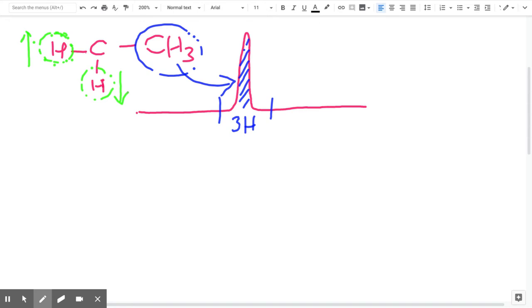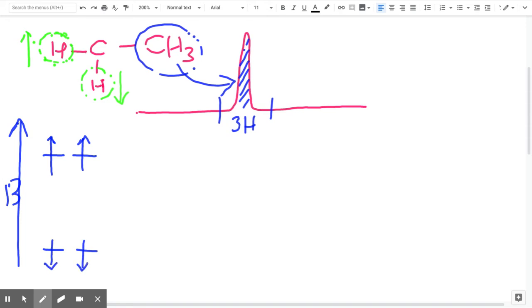So if we take those two protons and start to draw a diagram similar to the type of diagram you will have seen with electrons, we have both protons spinning in the up direction, and we'll imagine that the magnetic field is going upwards as well. Then we've got one possible situation there. If they are not aligning with the magnetic field, we've got another possible situation there.